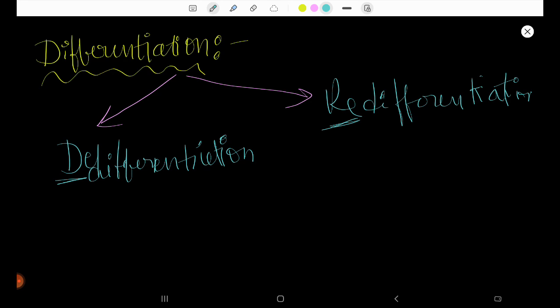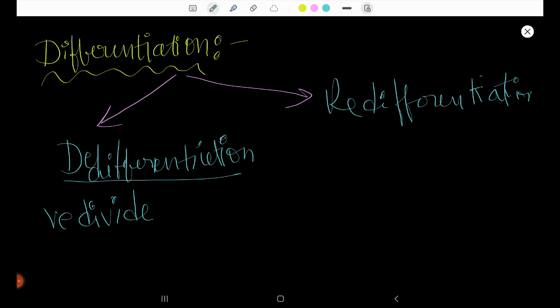De-differentiation is the ability to regain the dividing ability. It is the ability of a plant cell to divide again.